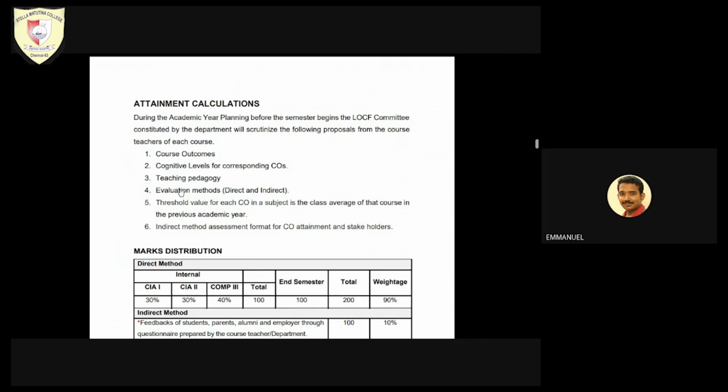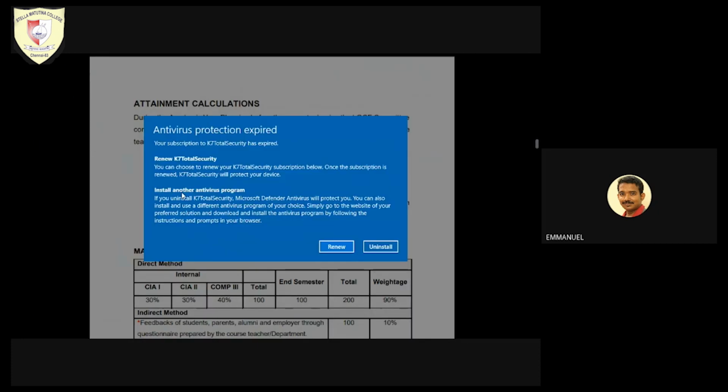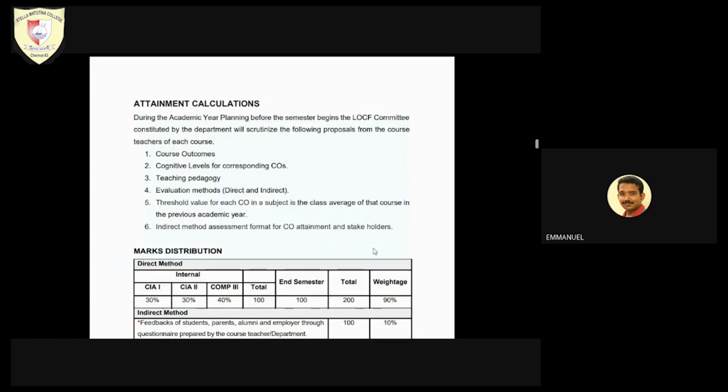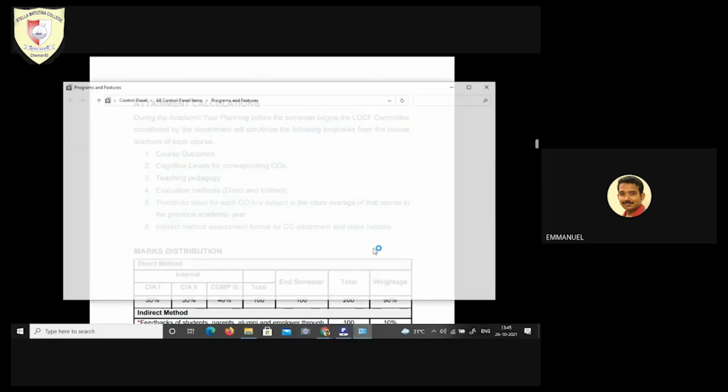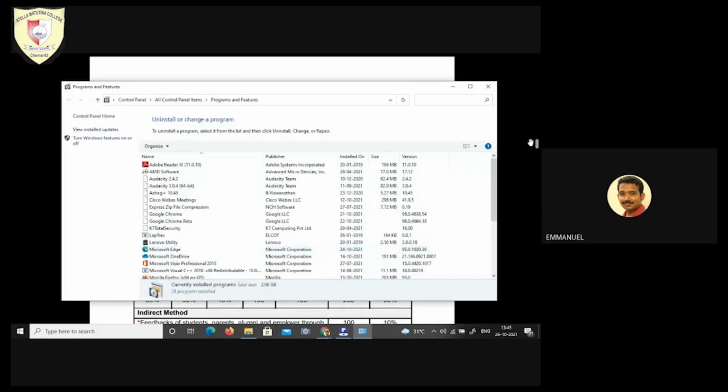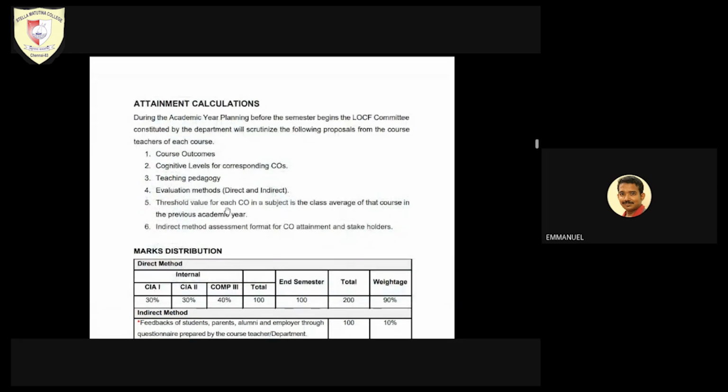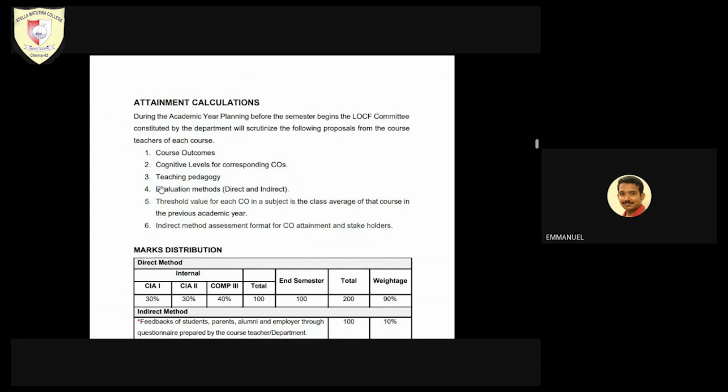So that will be presented in a particular student's cumulative grade card or consolidated mark sheet. 90 percentage of that marks will be taken, and 10 percentage feedback from stakeholders, from students, from alumni, from parents, from the employers, and that 10 percentage consolidation will be added to this 90 percentage, totaling up to 100 percentage, and will be taken as evaluation methods.